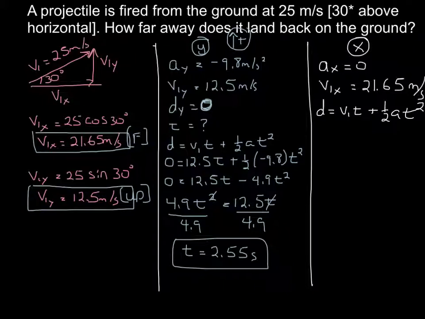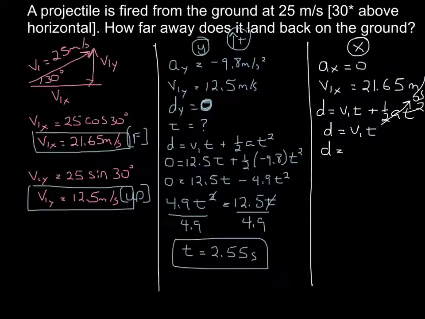Because acceleration is 0, 0 times anything over here is 0. That whole thing goes away. What I'm left with always in the x direction is just distance is v1 times t. And that v1 really is the same as v2, because acceleration is 0, v1x is equal to v2x. I could just say distance is v times t.